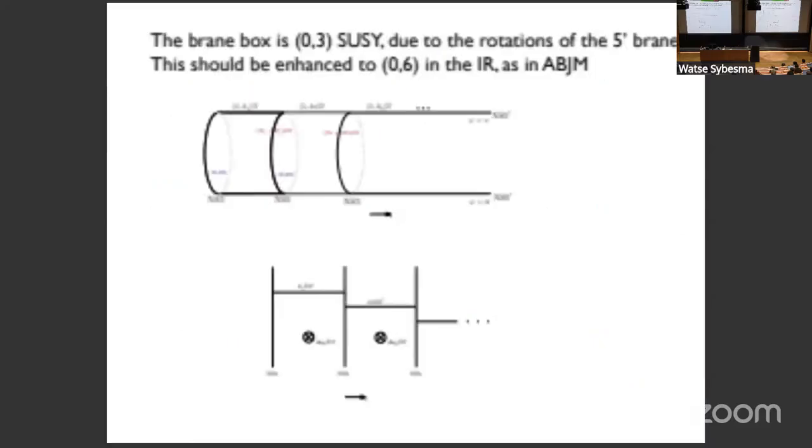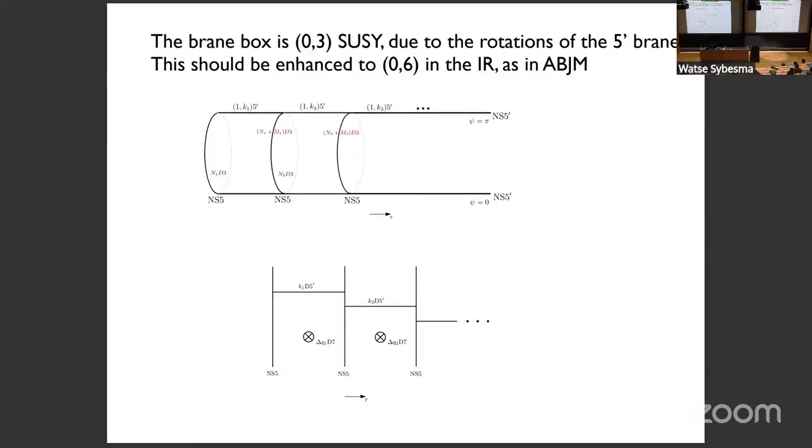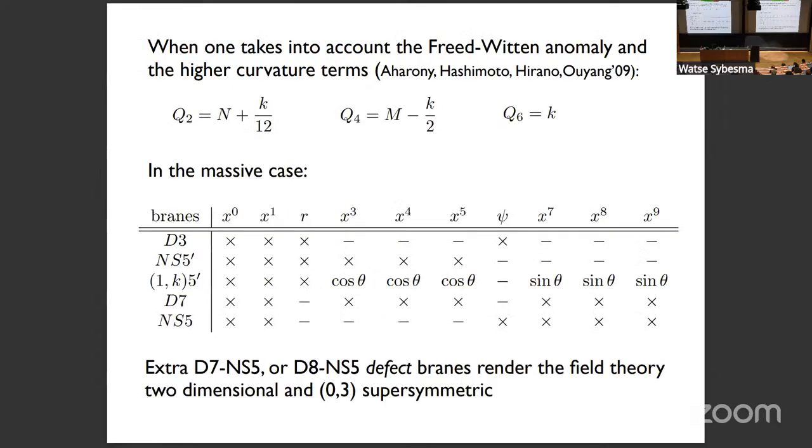Okay, so already from this brane intersection that I just showed you, one can draw nicely what is the brane picture that we have. I didn't say explicitly that in fact, in this brane intersection, we have a brane box. Our color branes are the D3 branes that you see.